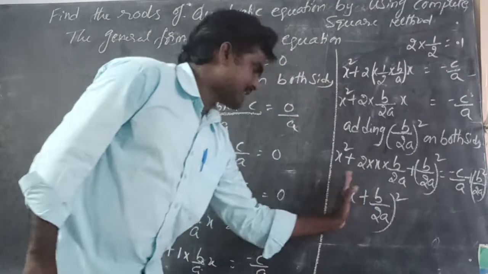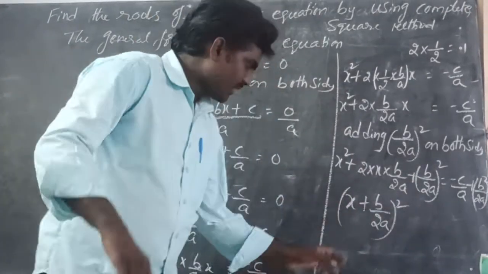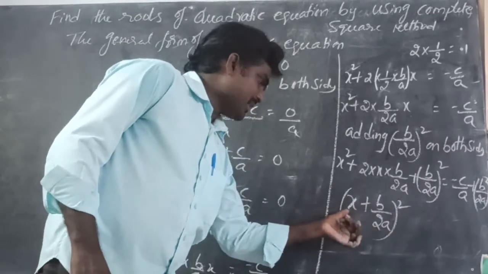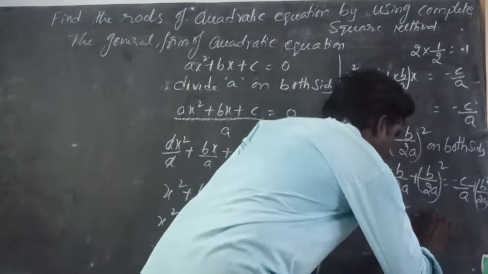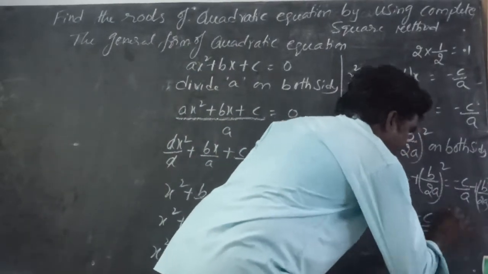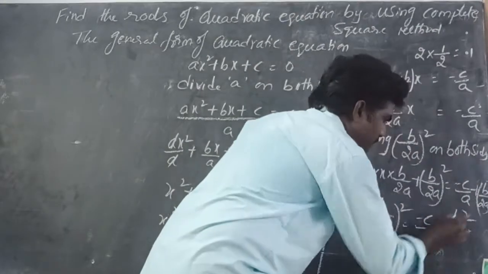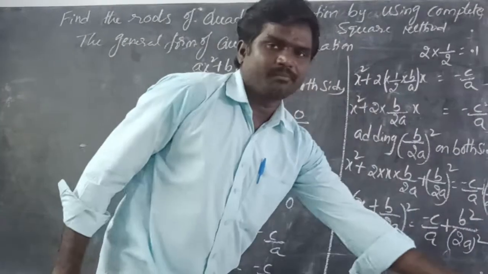In the LHS we can write in complete square form, that is x plus b by 2a whole square is equal to minus c by a plus b by 2a whole square. We can write it as b square by 2a whole square. Okay na?